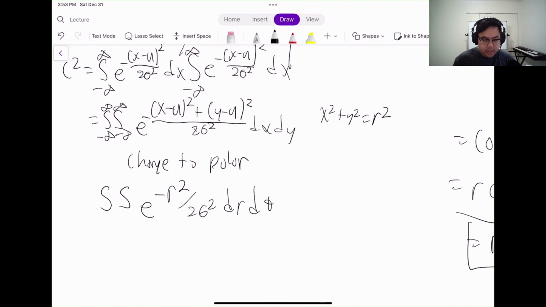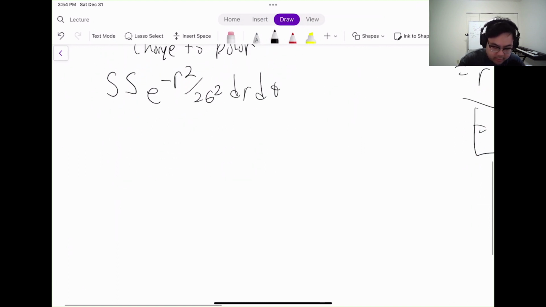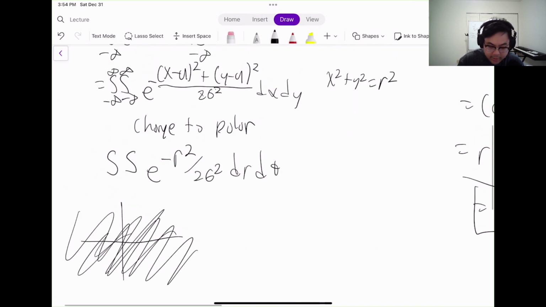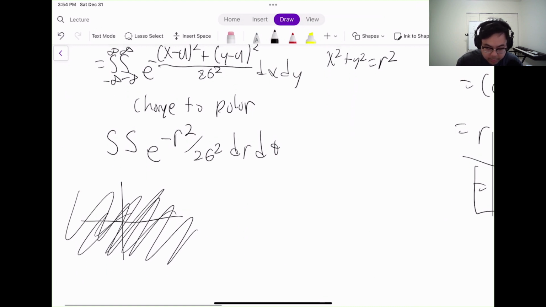Now, think about it. If we're going from rectangular to polar, let me draw a picture here. We have basically the whole grid. The whole grid is filled. We're going from negative infinity to infinity on the x, and from negative infinity to infinity on the y. So what should our limits of integration be for our polar coordinates?